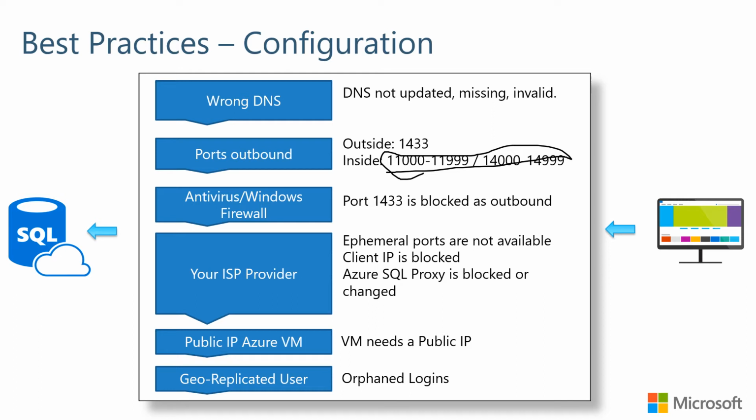So even when you create a user in your database, the user will be replicated correctly to the geo-replicated database, but the login will not be. So we need to create the login with the same SID on the new logical server, the server that has the geo-replicated database.